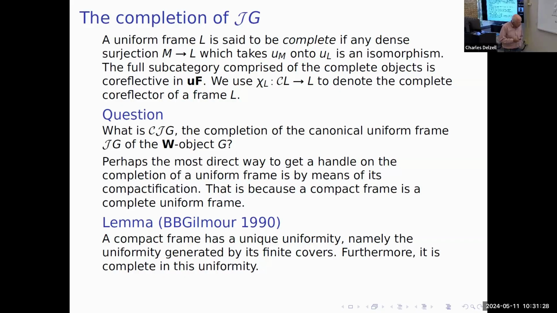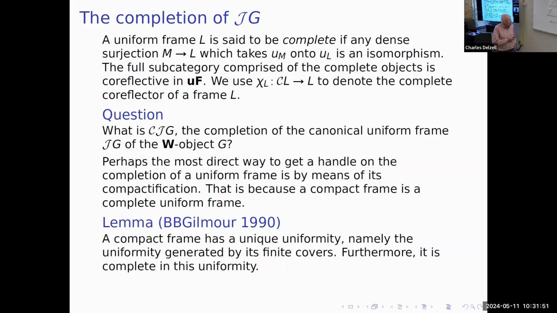Let's talk now about some of the intrinsic qualities of uniform frames, most important of which is what's called completeness. The whole point of uniformities is to routinize the process of completing an object, in this case, the underlying space or frame.